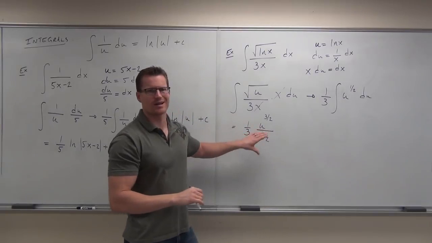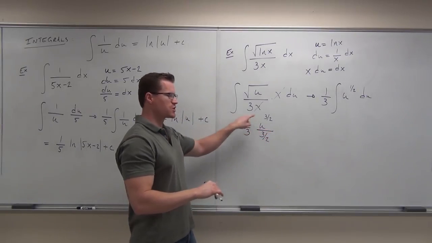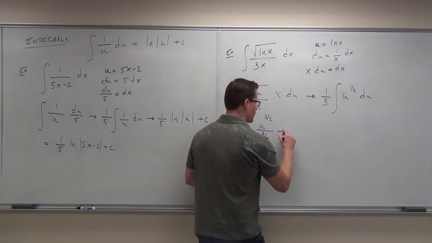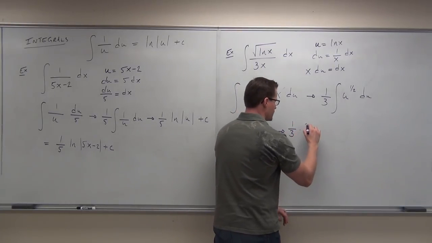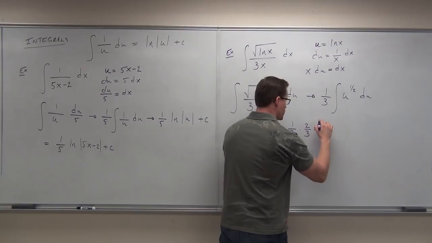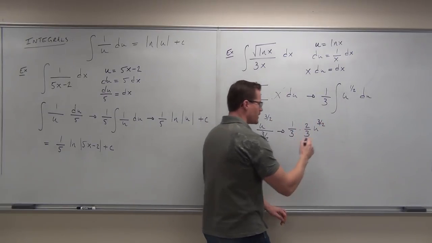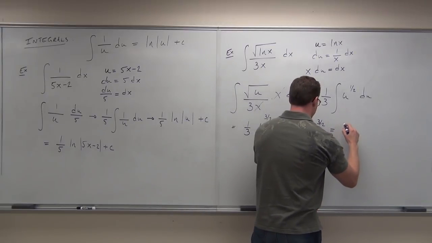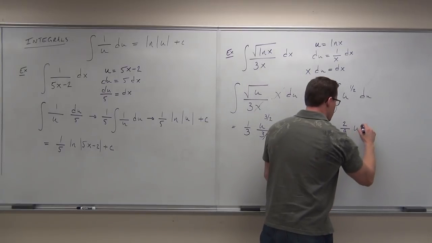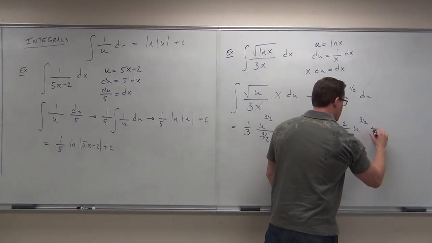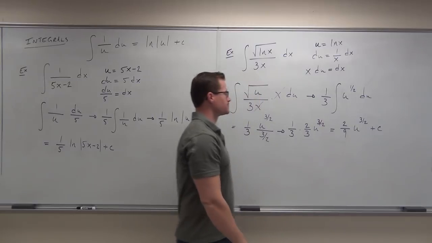But then what you know is you got a complex fraction. The 2 just moves to the numerator. So really we've got 1/3 times 2/3 u to the 3/2. Nothing simplifies here. Hopefully I did it right, 2/9 u to the 3/2 plus c.